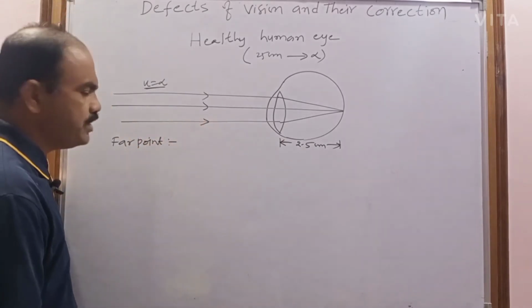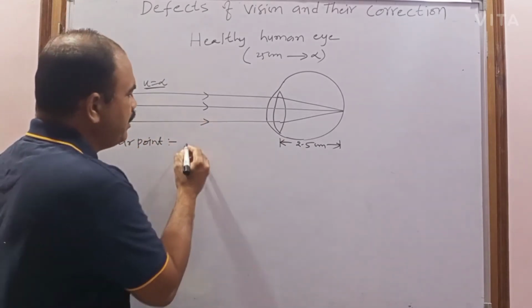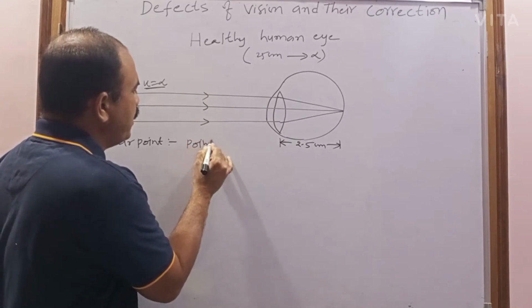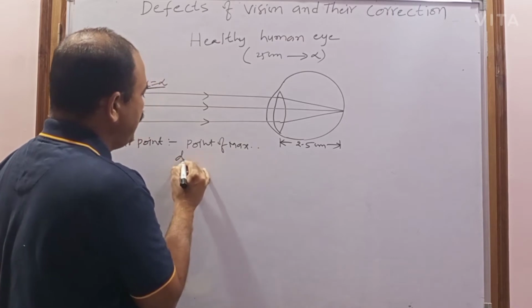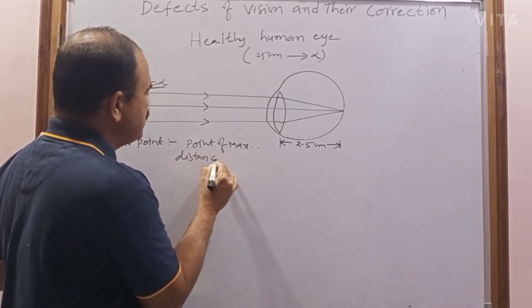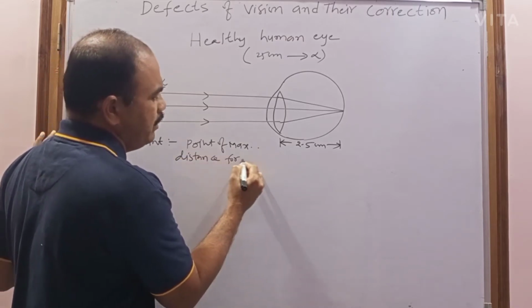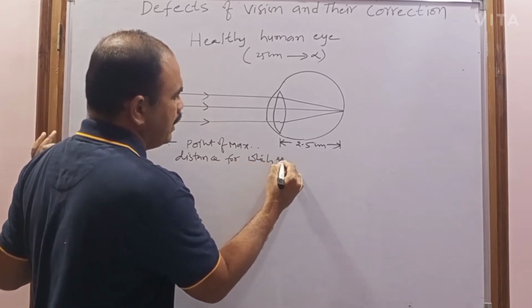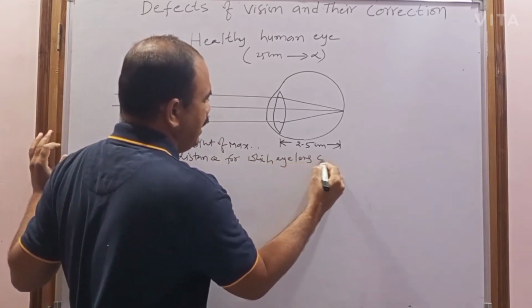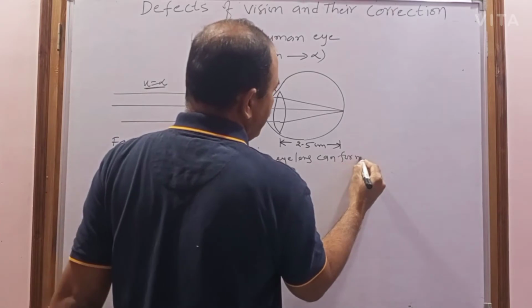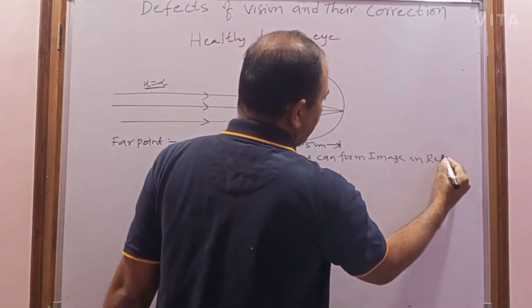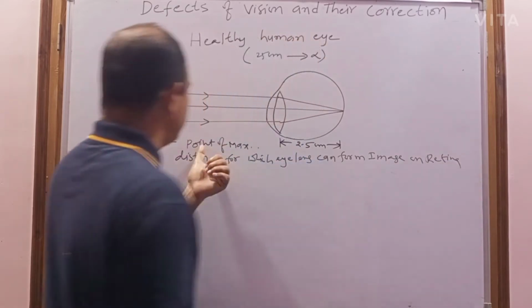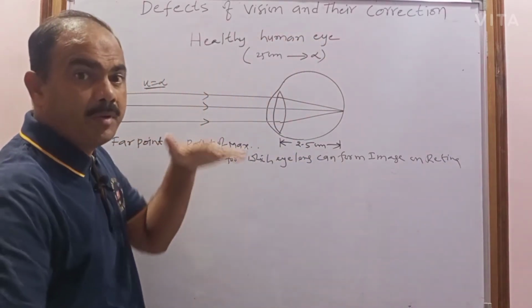What is the definition of the far point? It is the point of maximum distance for which the eye lens can form an image on the retina.